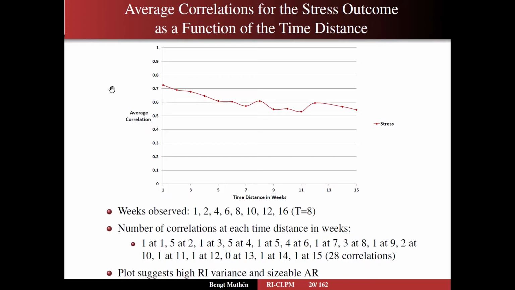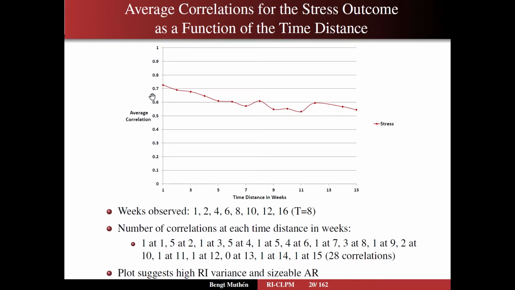Here's what the average correlations for the stress outcome look like as a function of the time distance. So on the x-axis we have the time distance in weeks. So with week 16 we have a time distance between the last and the first time point of 15. So this is the correlation, the first value in the previous correlation plot that I showed you earlier on slide 17.